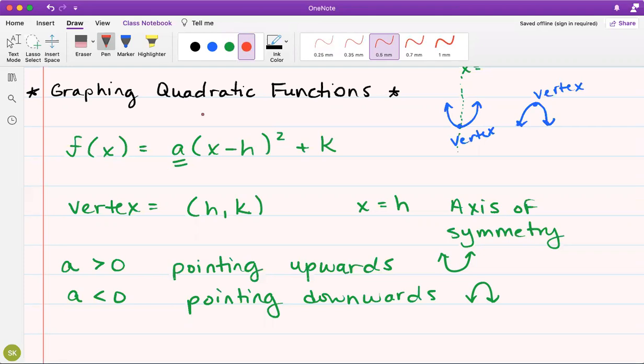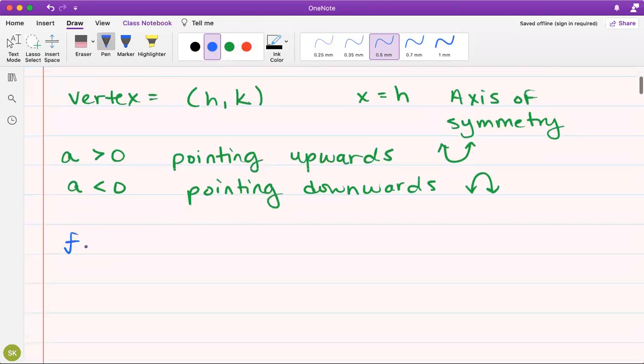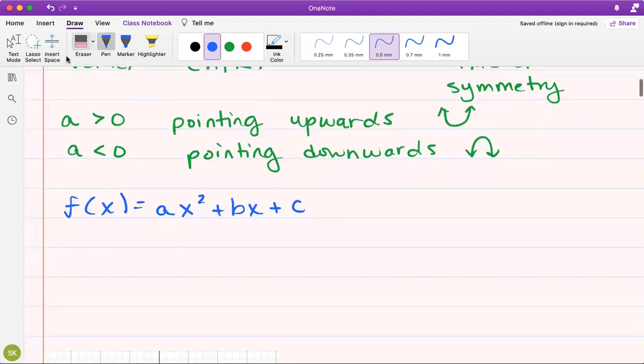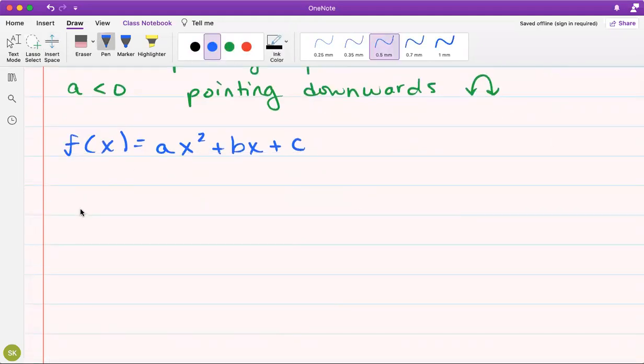Another form of a quadratic that you will see is the general form, which is f of x is equal to ax squared plus bx plus c. The vertex for something like this is given by negative b over 2a and f of negative b over 2a.